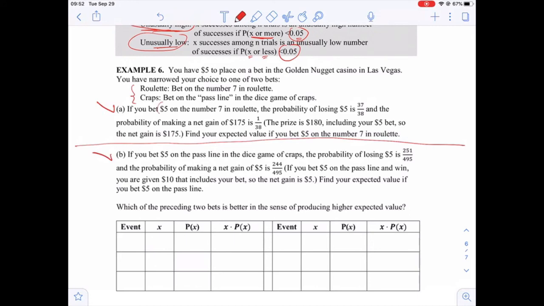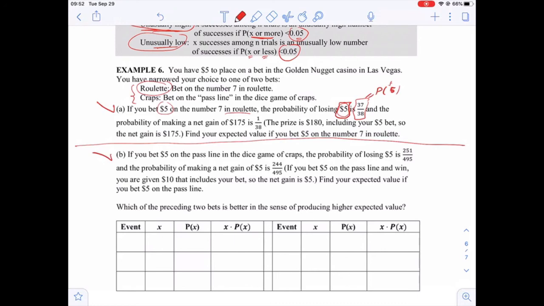The first one is if you bet $5 on the number 7 in roulette and roll it, the probability of losing $5 is 37 over 38.